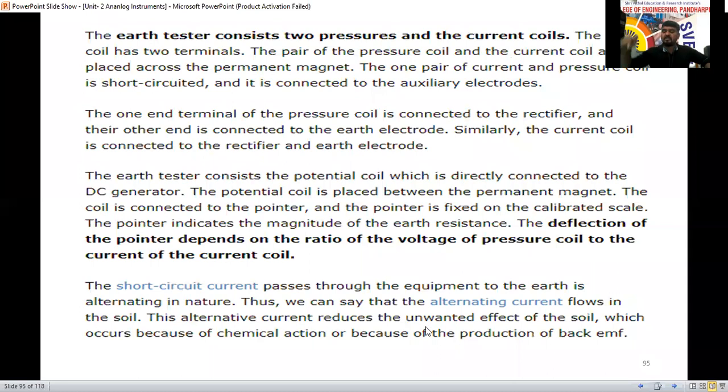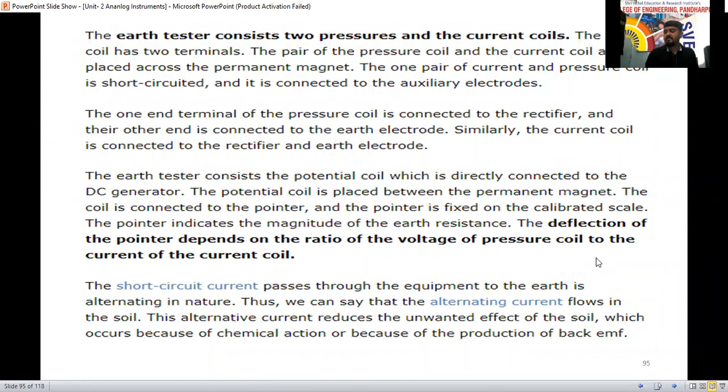With direct current, only one path exists and it can create holes and other problems. The alternating path reduces the unwanted effects of the soil, which occur because of chemical actions or because of the production of back EMF. For that reason, we pass alternating current in the earth.